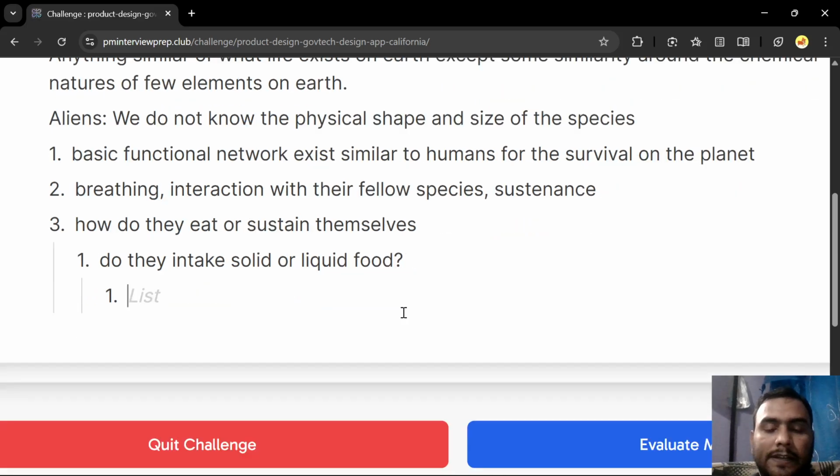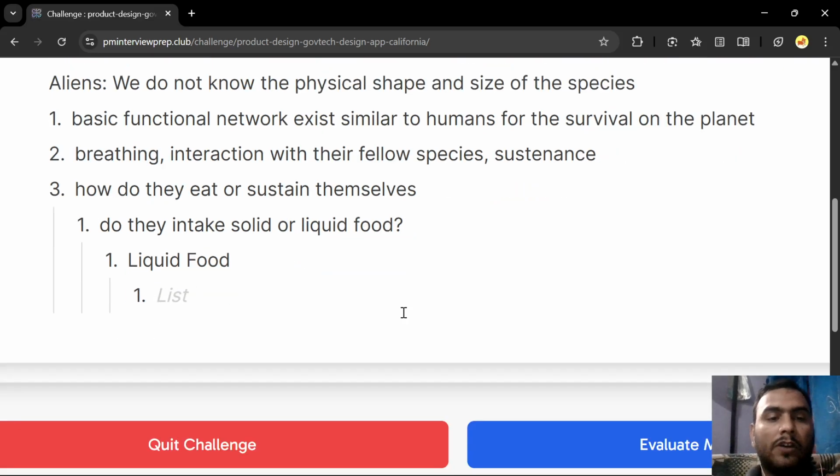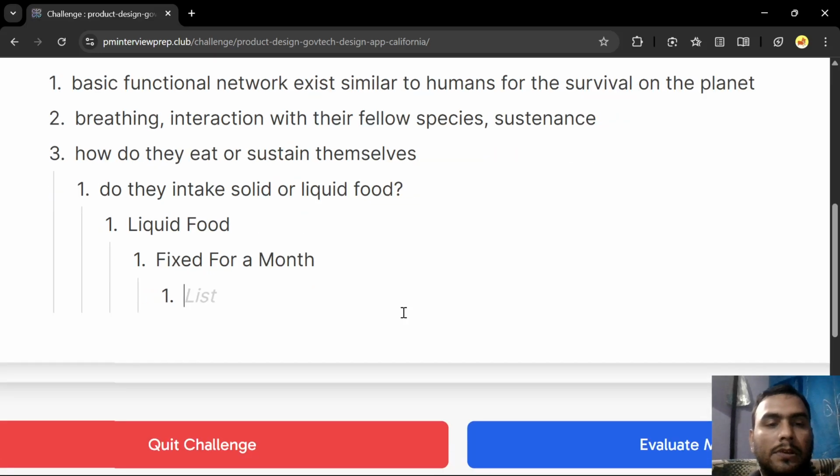So let us assume that they intake only liquid food. And what is the duration? Duration is fixed for a month. This is just random. I am assuming that they intake liquid food and take a single or fixed diet for a month, so they have their required food intake for one month duration.